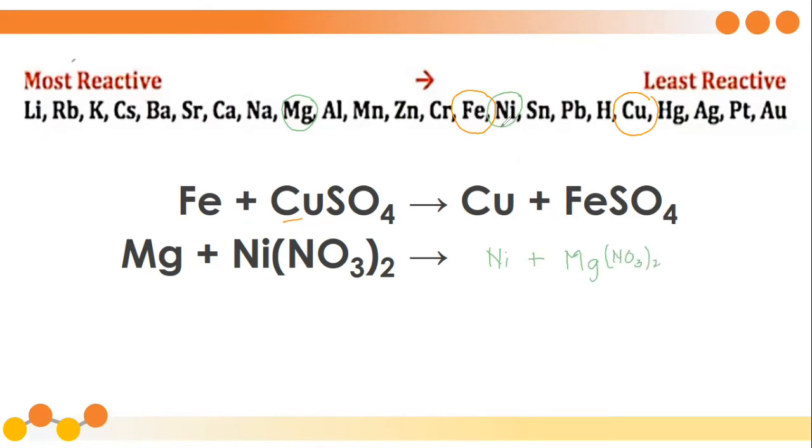Lesser reactive elements will be replaced by a more reactive element. Try to find the product for our next reactants. We have here zinc plus copper sulfate. What do you think will be our product?